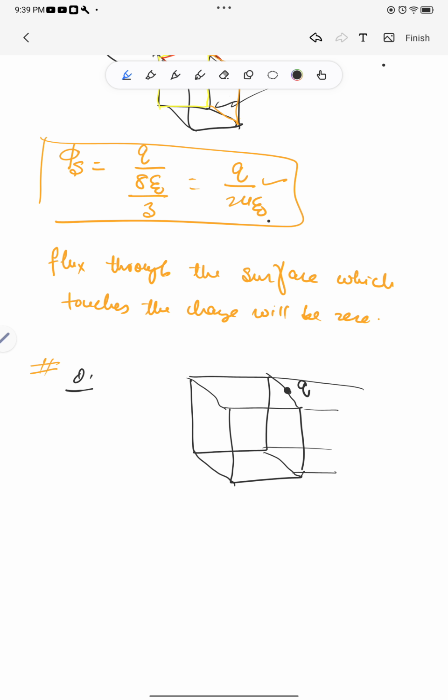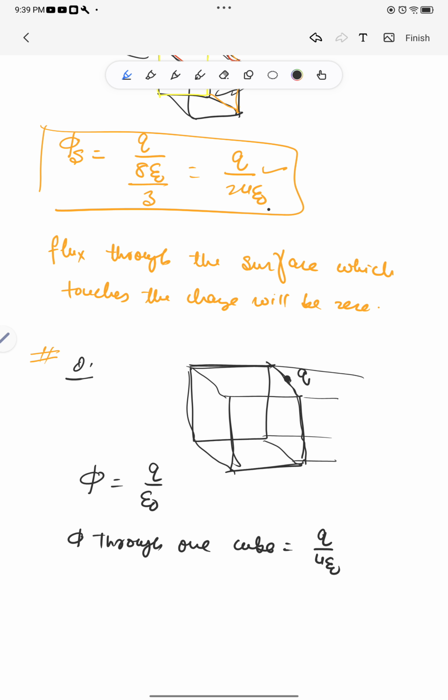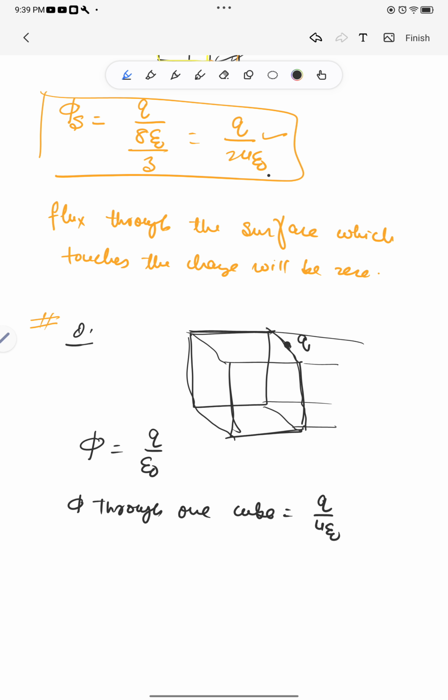So the total flux through those 4 cubes will be phi equal to q by epsilon naught, and so the flux through one cube is equal to q by 4 epsilon naught. That means the flux through this single cube will be q by 4 epsilon naught.